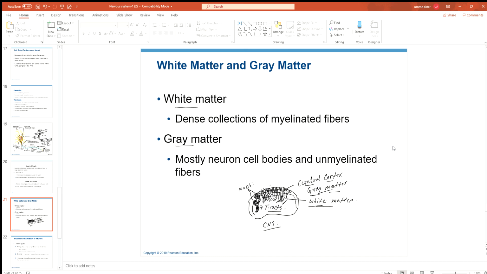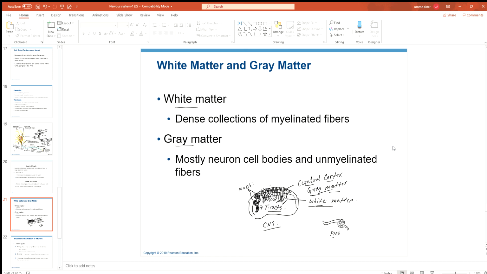If you look in a peripheral nerve, a round structure like this is present, and that structure is filled with the cell bodies of neurons in the peripheral nervous system, not the central nervous system.